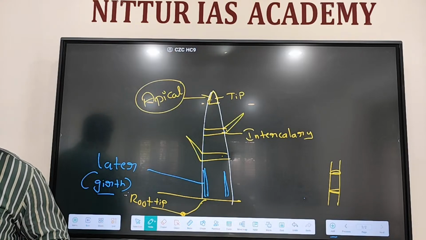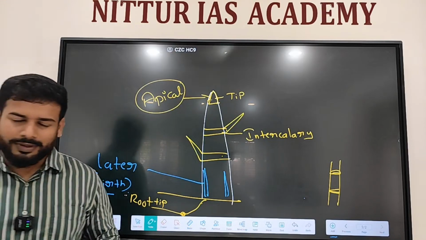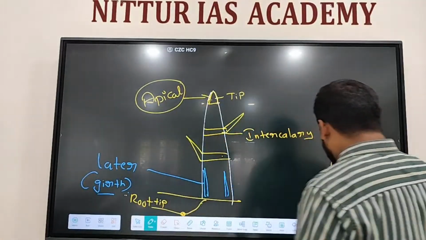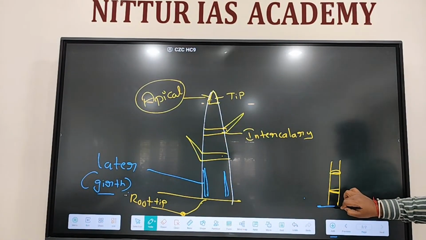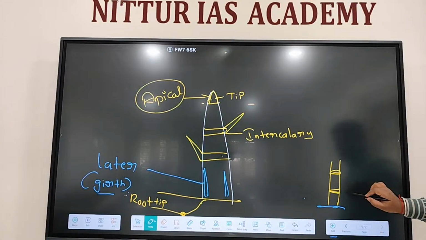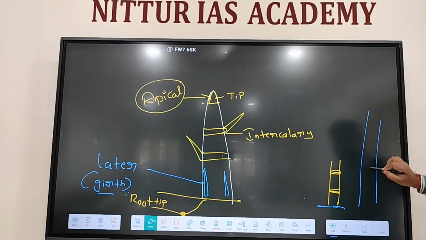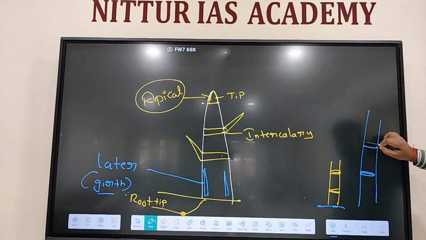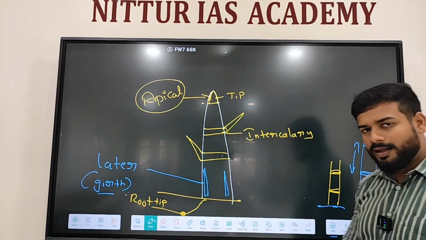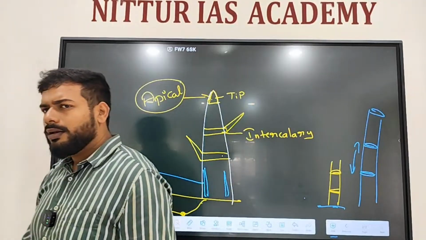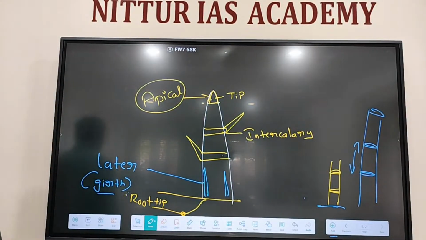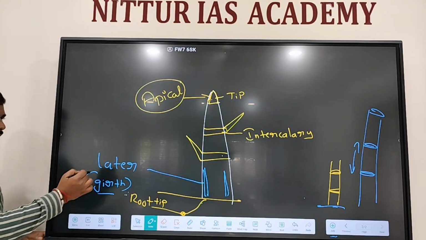they have asked in many examinations. A rapid elongation of bamboo stem is due to, that means the sugarcane near your home is like this. After some time, it grows. The distance between the internodes increases, right? The elongation of bamboo, sugarcane, or any plant, the increase in length is mainly due to which tissue?